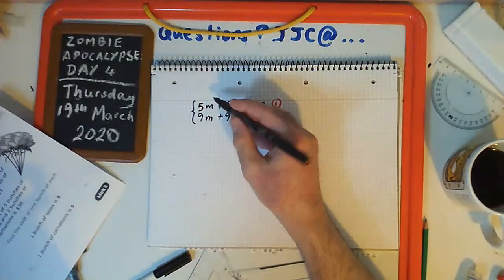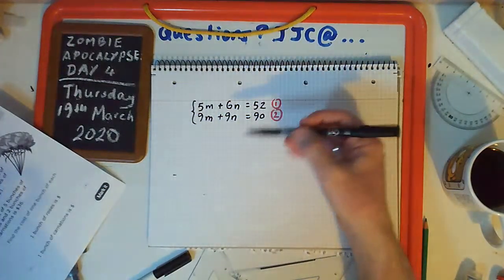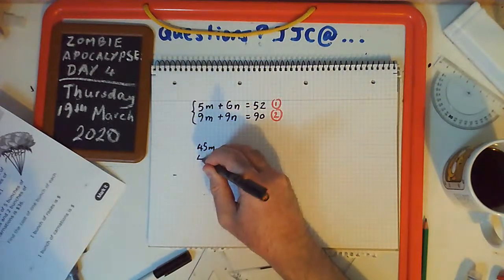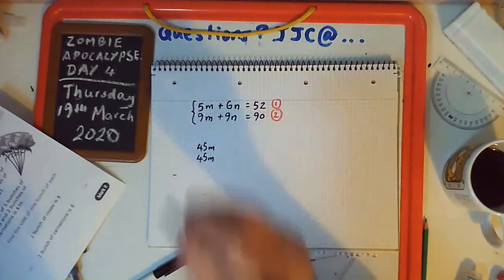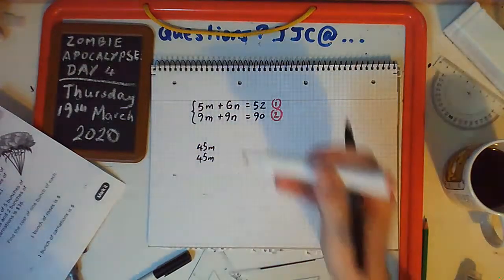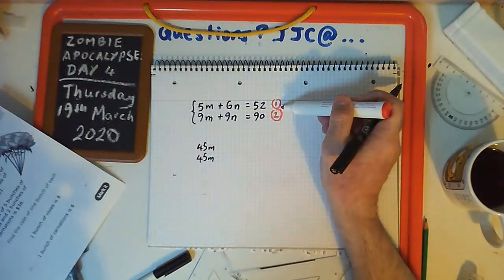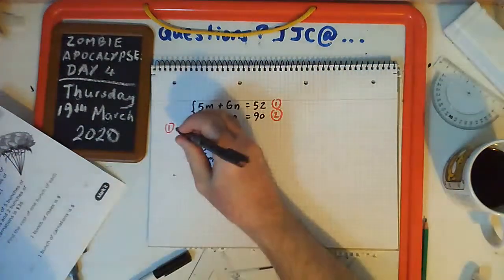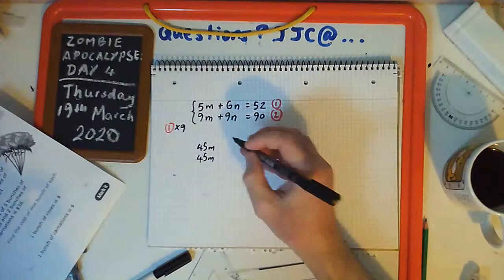So I'm going to try and multiply these equations up so that I have 45m in both of them. So in order to do that, I'm going to have to multiply everything in equation 1 by 9. So I'm going to do equation 1, everything multiplied by 9.